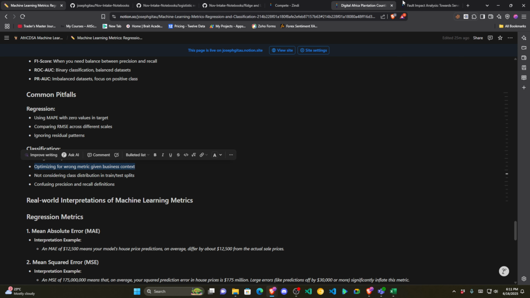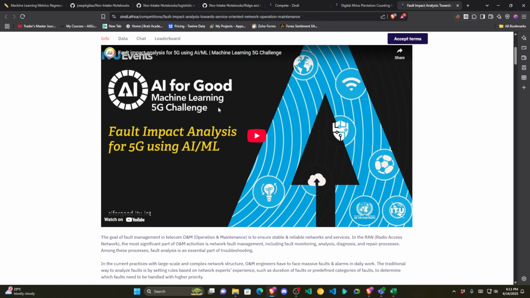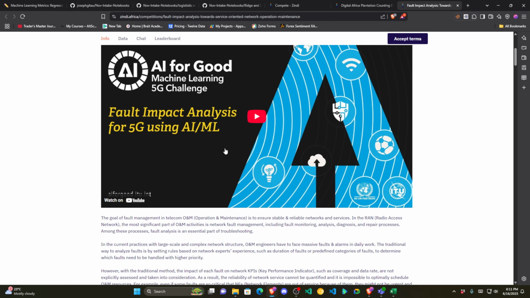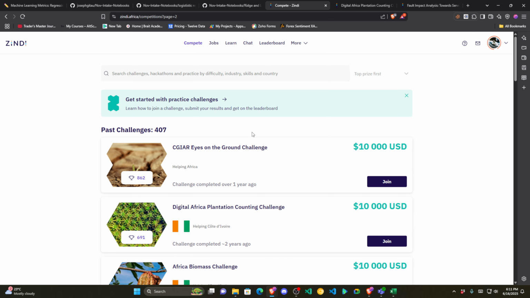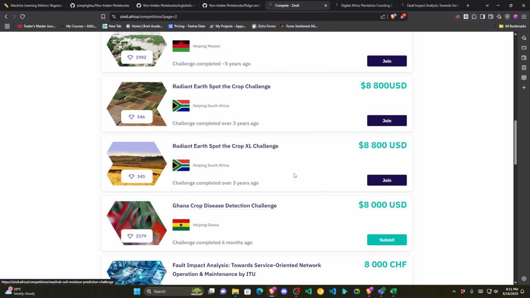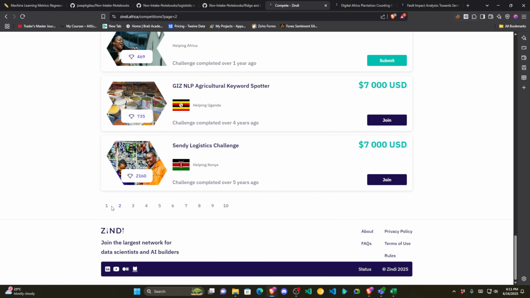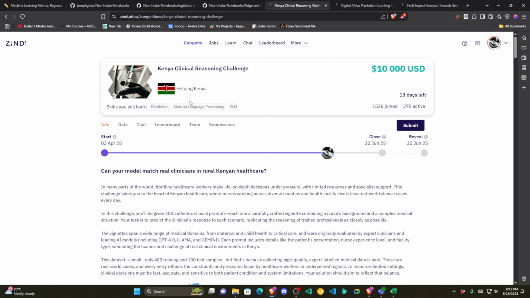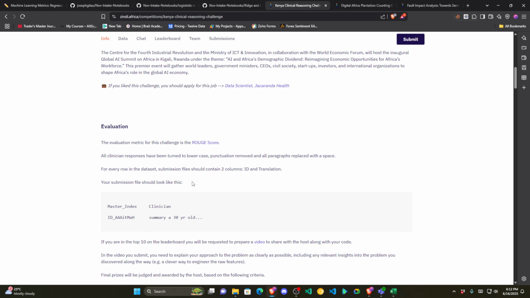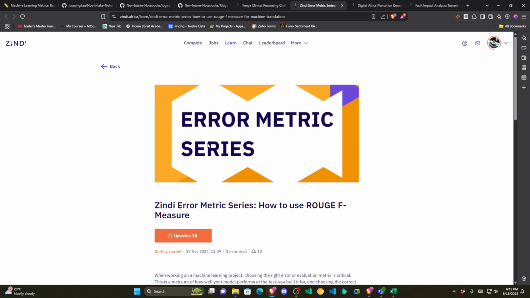So, for example, for these tasks that we have over here, you've seen that we are supposed to use the F1 score. But what if we are dealing with a task that is LLM based? For example, the Kenya Clinical Challenge that we have over here. You can see it's using a new score called the ROUGE score.